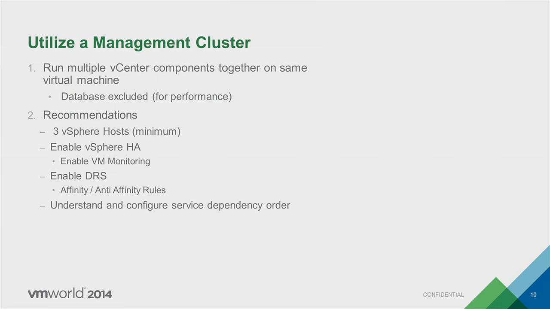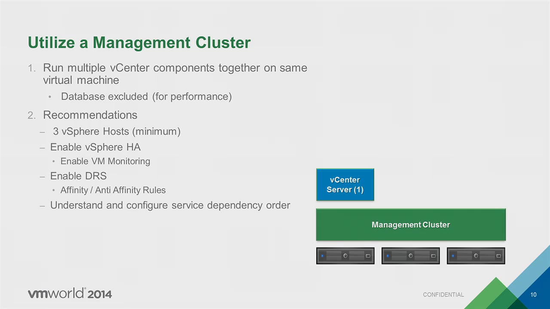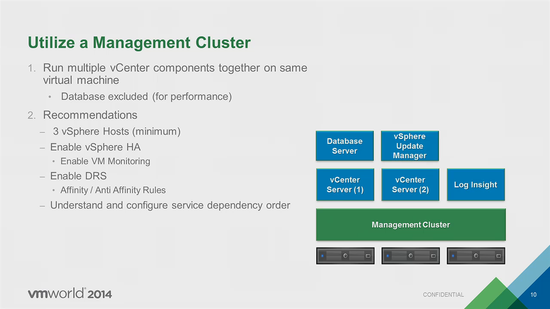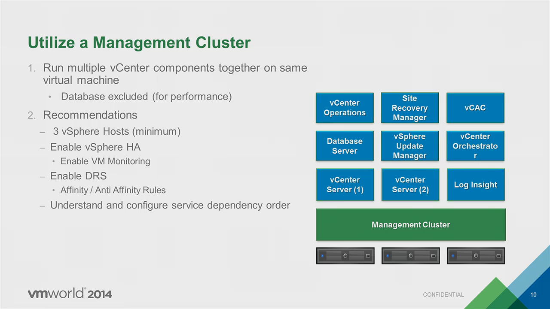So maybe I want to utilize a management cluster. We got about 15% physical from the audience, right? So the rest of you, if I have a larger environment, I could dedicate a couple of hosts and have a specific management cluster, throw all my management solutions in there, as we can see here.